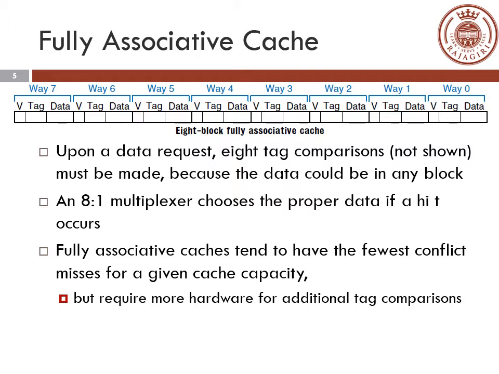In fully associative you have a single set, and the single set is divided into 8 blocks, starting with way 0, way 1, till way 7. As you can see, you have 8 ways, so in order to select the data from the 8 ways, you need an 8:1 multiplexer.